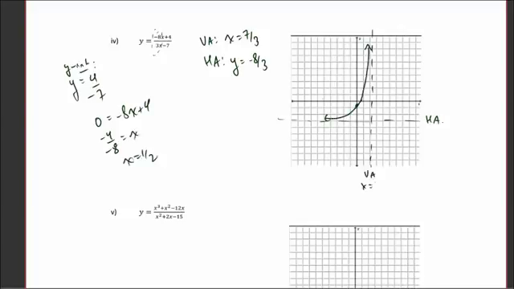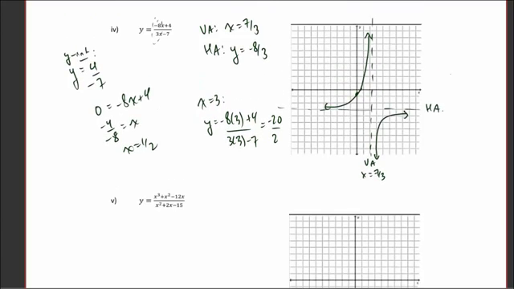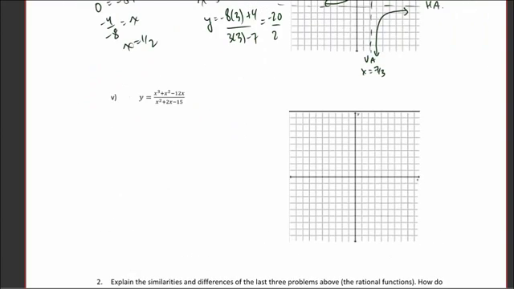So we have a little arm in the kind of top left quadrant. And again, you can check a point at, say, x equals 3. Find out where that is, and fill in our graph accordingly. Alright, so when in doubt, make a little table of values and check your points.